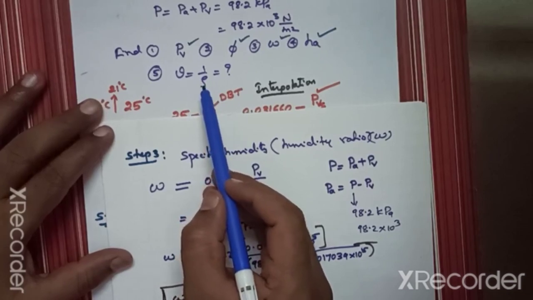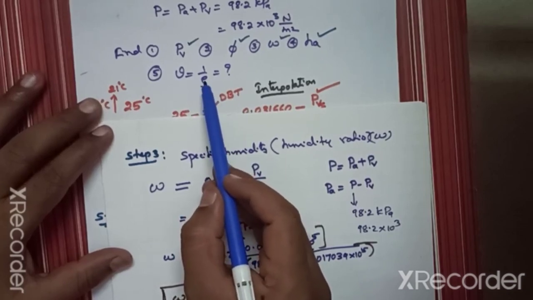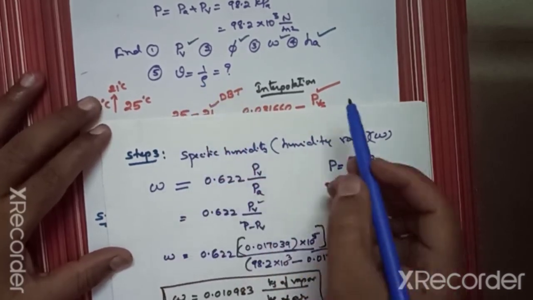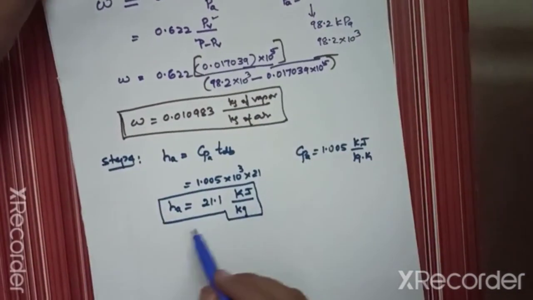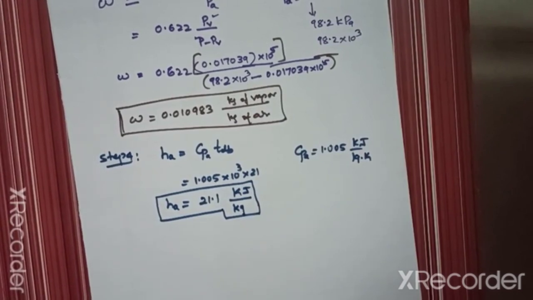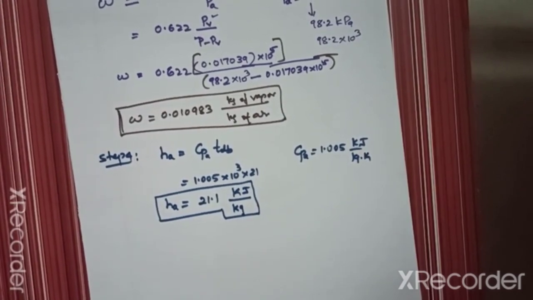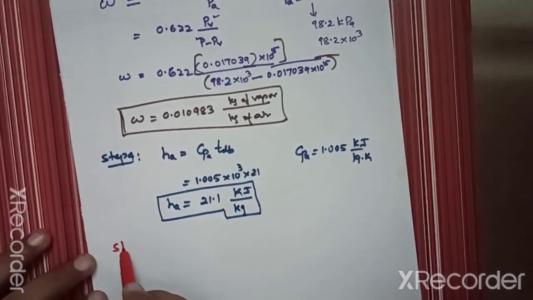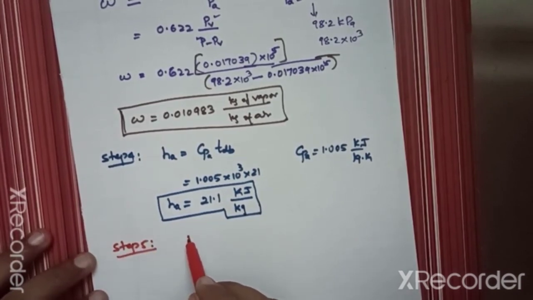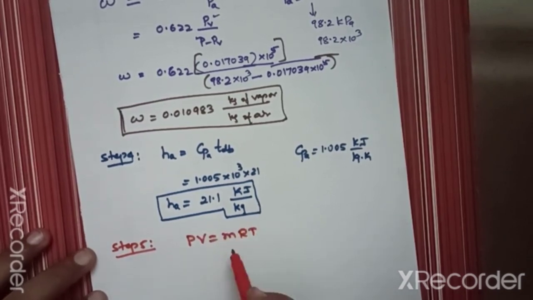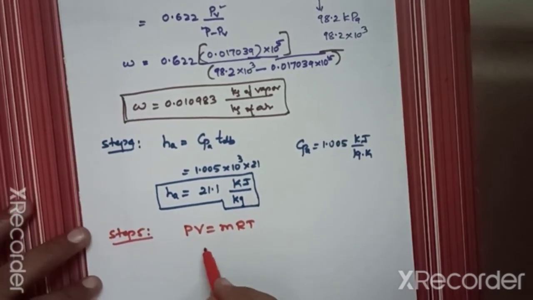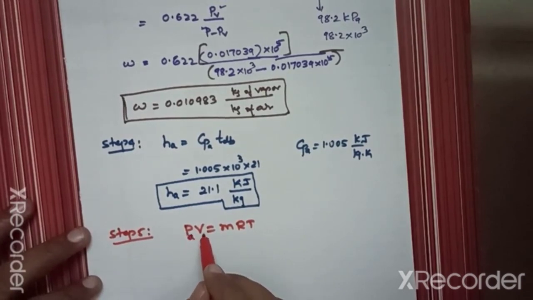And the fifth unknown, what he has asked is specific volume, and the specific volume is the reciprocal of density. First you need to calculate density. What is the formula for density? Density is equal to mass by volume. So here step number 5 I will write. We know that ideal gas equation PV is equal to mRT, and we will apply this ideal gas equation for air because he has asked specific volume of air.